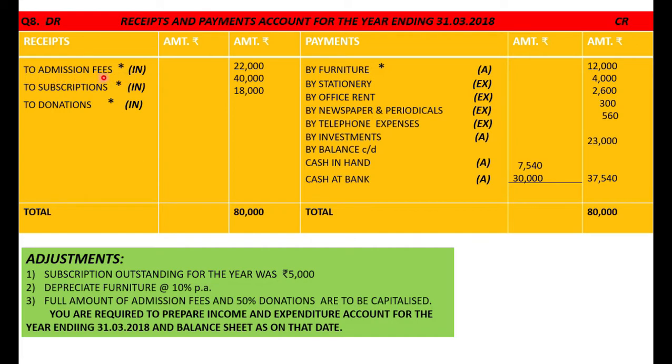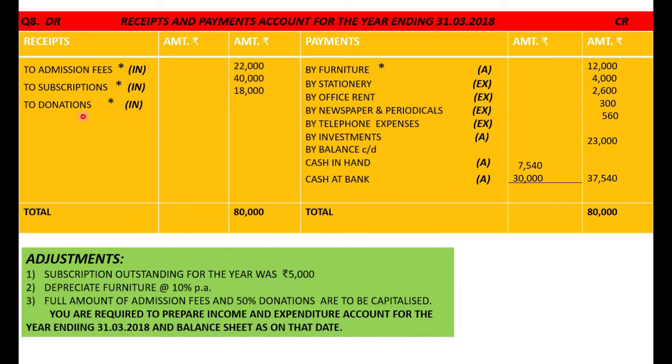To admission fees are considered as revenue receipts and they are recorded on the income side of income and expenditure account, that is the credit side. Next, to subscriptions are considered as revenue receipts and therefore they are recorded on the income side of income and expenditure account, that is the credit side.